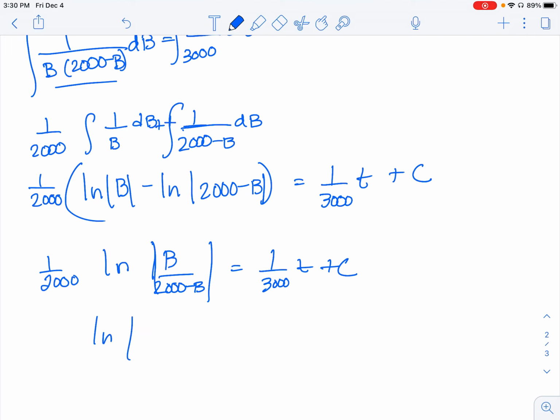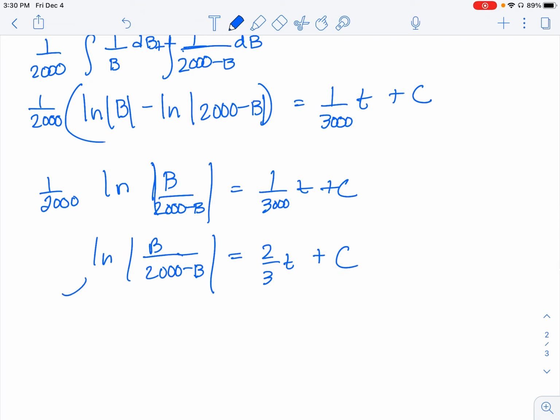Okay, so then we're going to have this is equal to, this ends up being 2/3 t plus c. The constant doesn't change, so now I'm going to do e. So this ends up being b over 2,000 minus b is equal to c e to the 2/3 t.